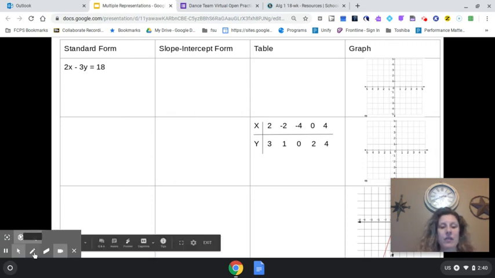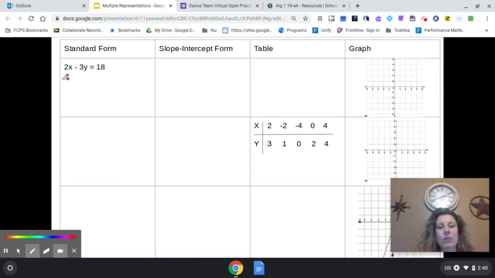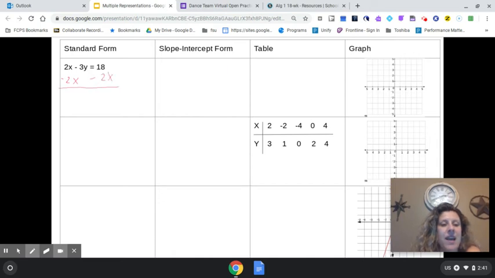Okay, let's start with the first one. We have a standard form equation of 2x minus 3y equals 18. We've already talked about how to transform that into slope-intercept form, so let's do that first. We're going to subtract 2x from both sides of the equation, and we would get negative 3y is equal to negative 2x plus 18.